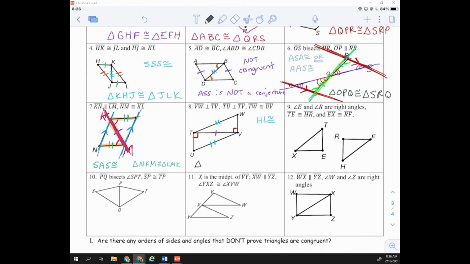So triangle, we can start the first one however we want. WVT. So I've got to go triangle UTV. There we go.